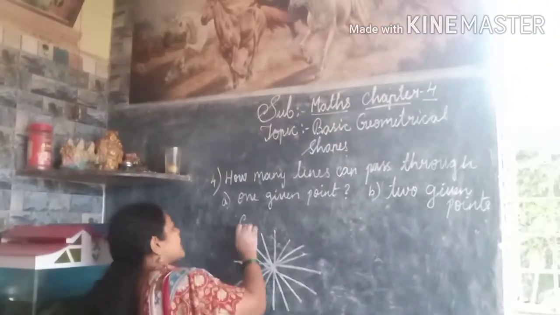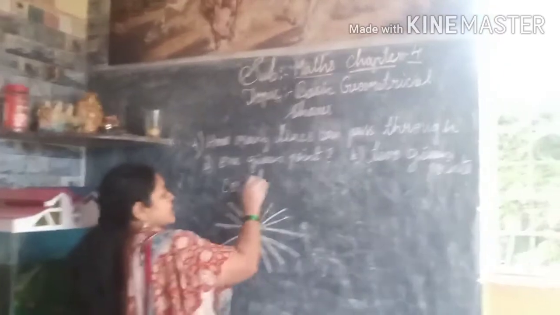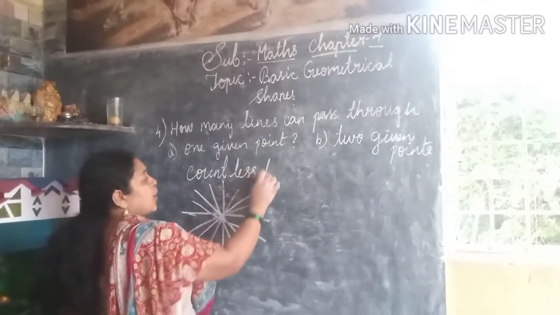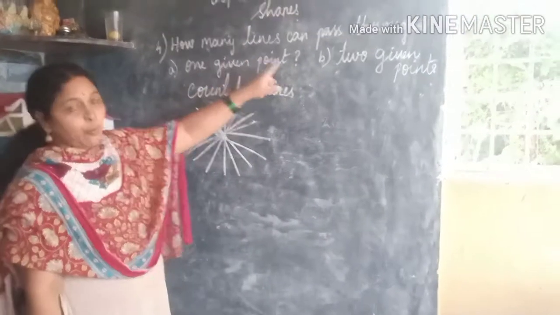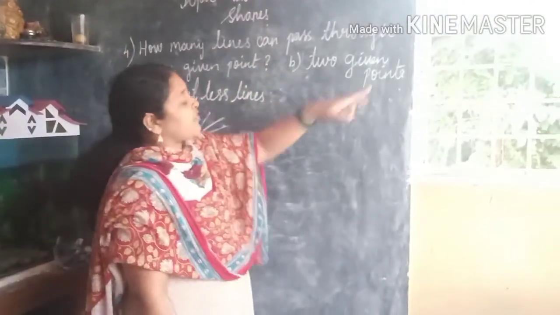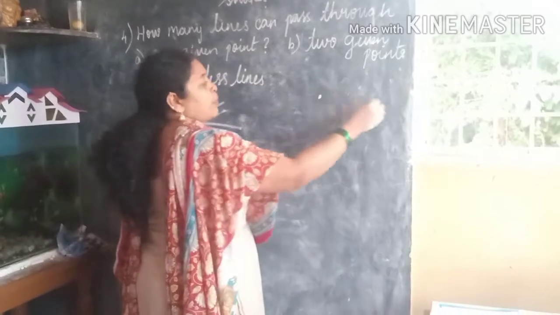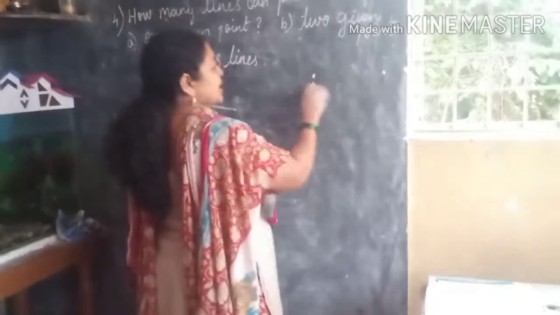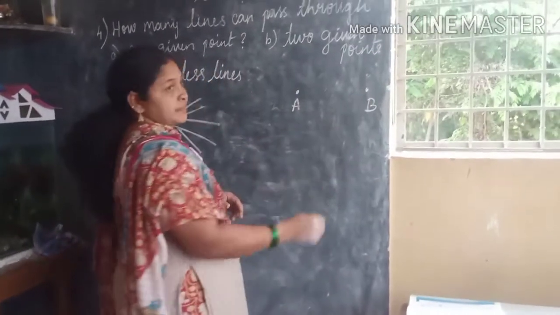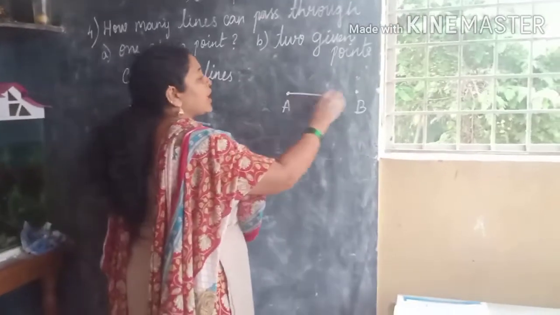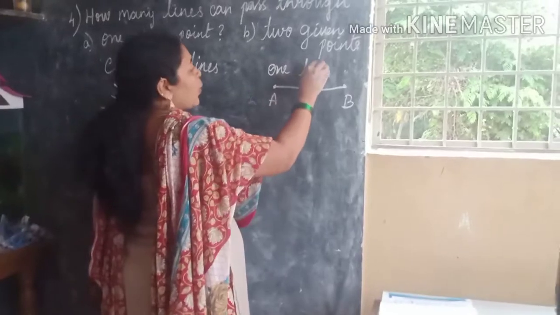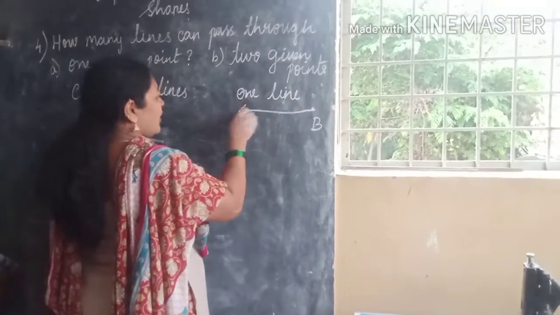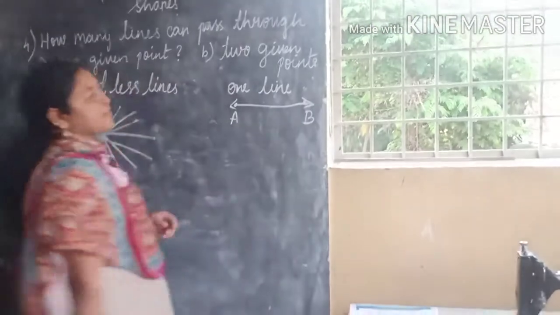So we say countless lines can pass through one given point. Second one, two given points. If they are given two points, then let us consider A, B. So here we can draw only one line. So we can draw only one line for the two given points.